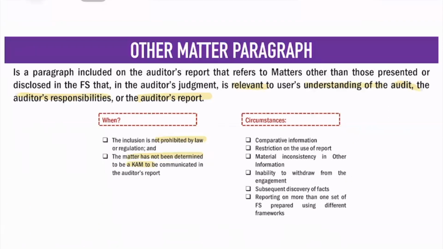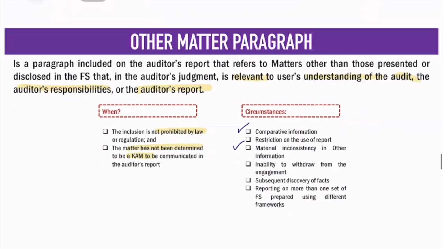So later, we will discuss comparative information and material inconsistency in other information, while the others were already discussed in the previous topics for auditing theory. What we will only discuss are those other informations considered as information presented with financial statements.